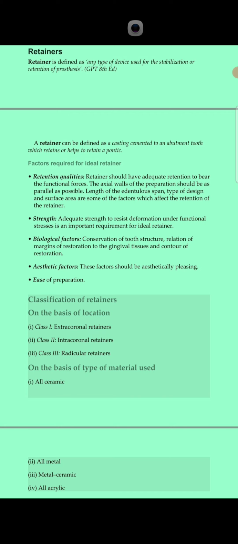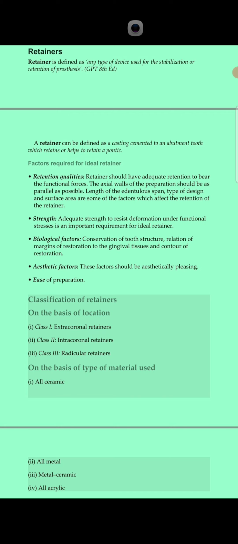The third factor is the biological factor. In the biological factor, when we do tooth cutting, there should be conservation of tooth structure, and a proper relation of margins of restoration to the gingival tissues and contour of the restoration.